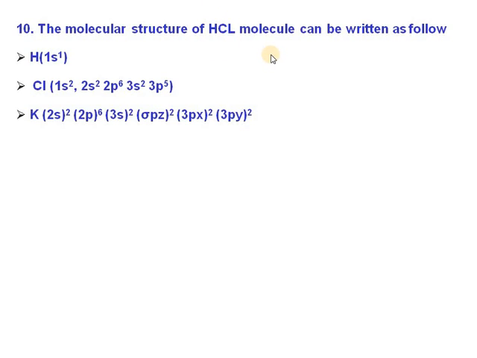For hydrogen chloride, the hydrogen atomic orbital is 1s1 and chlorine is 1s2, 2s2, 2p6, 3s2. So those orbitals do not take part in bonding, which ones? 1s2, 2s2, 2p6 and 3s2. Only the 3p5 electrons can take part in bonding molecular orbitals.